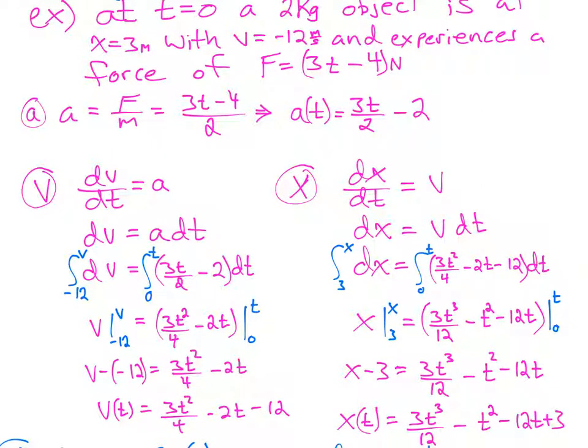To find velocity, we write dv/dt is acceleration. We're going to multiply both sides by dt. Then we integrate and evaluate. You have to show these two steps where I have the blue items marked.